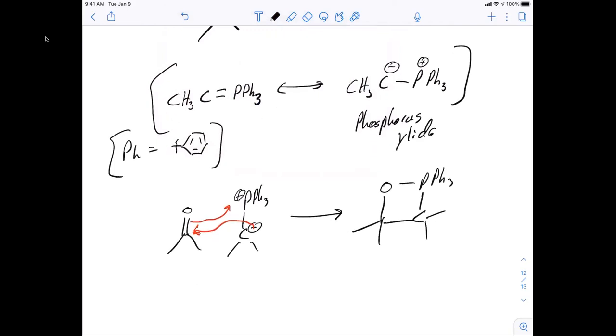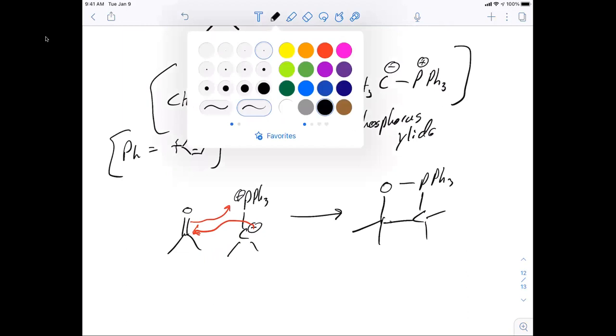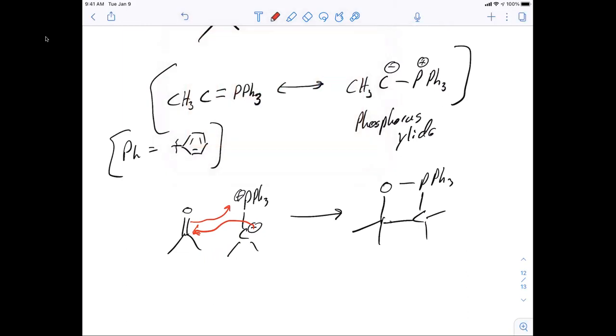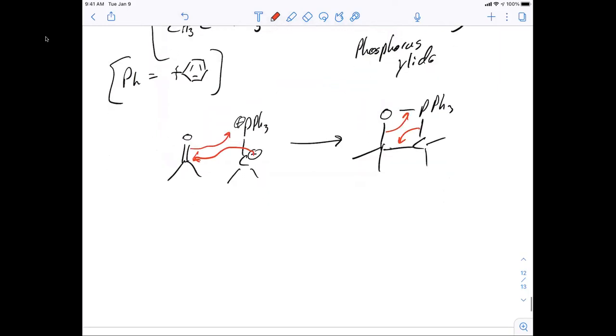And then once we form this complex, we get another concerted move of our electrons. Phosphorus and oxygen create strong bonds, so that's the driving force here.